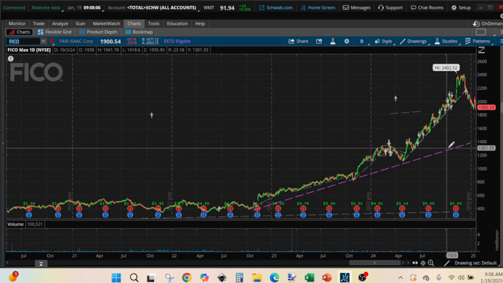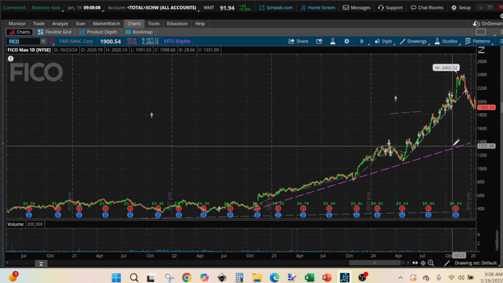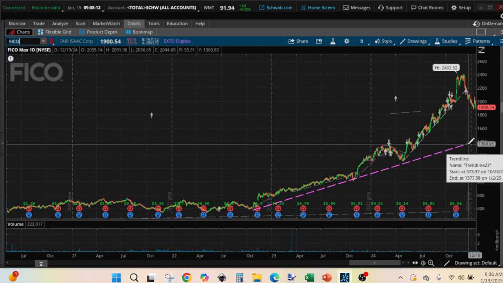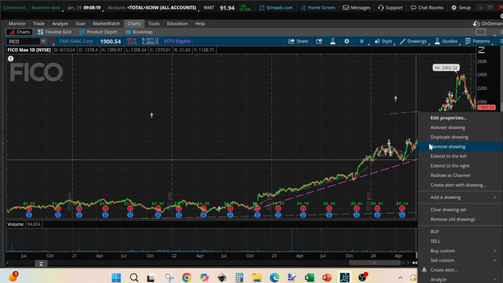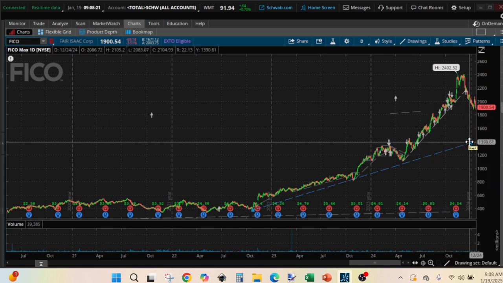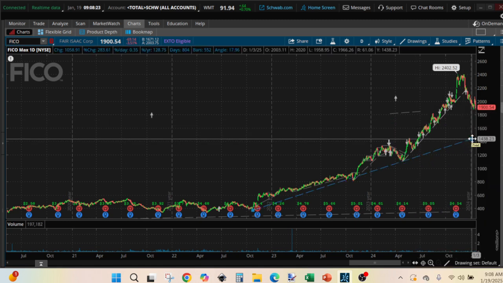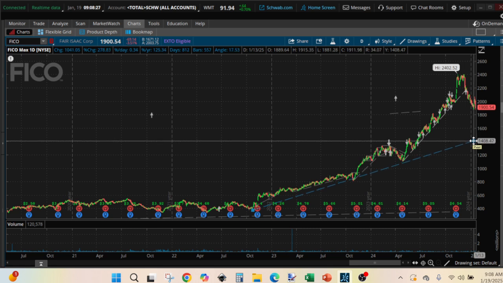FICO, this is the trend line we trace to continue to buy at. I'm seeing one trend line here, so let's extend a little bit first and pay attention to our lows.